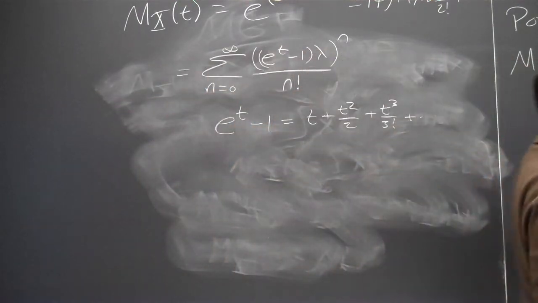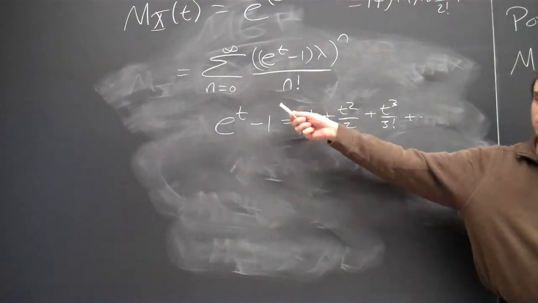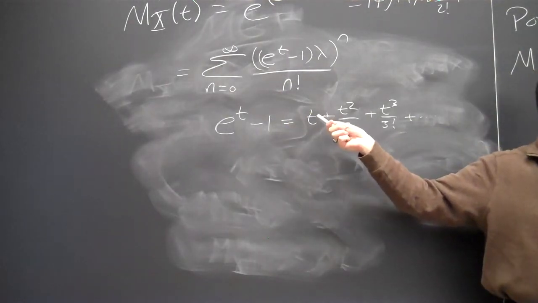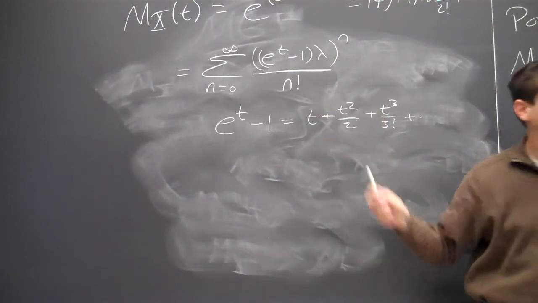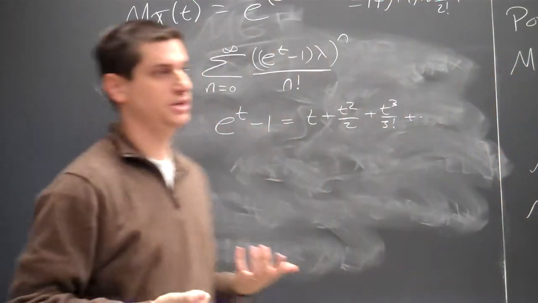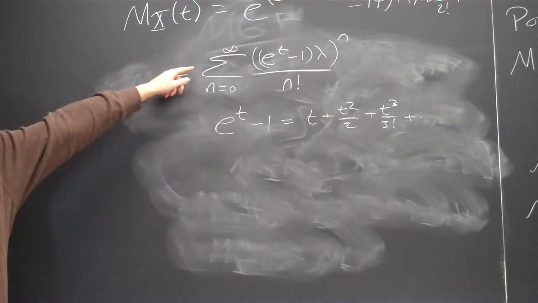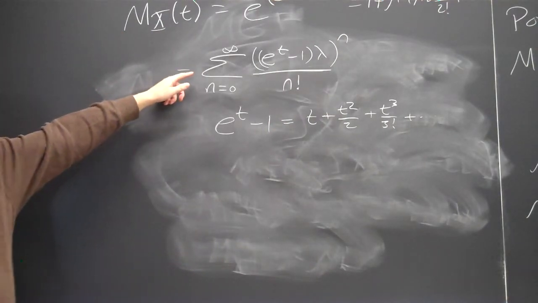When I look at n equals 3, I would get e to the t minus 1 cubed. I'll have at least a t cubed. When I look at n equals 4, I'll have at least a t to the 4th. The only things that contribute to t and t squared come from n equals 1 and n equals 2.